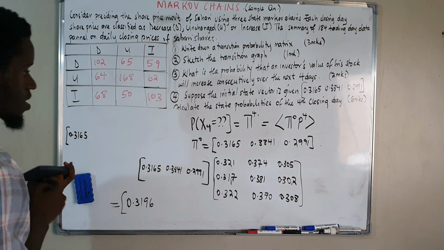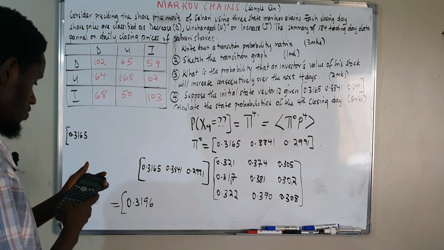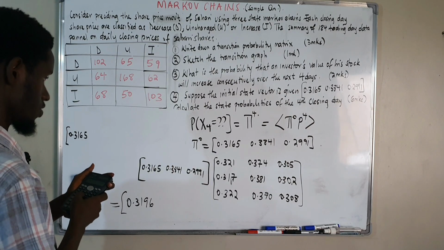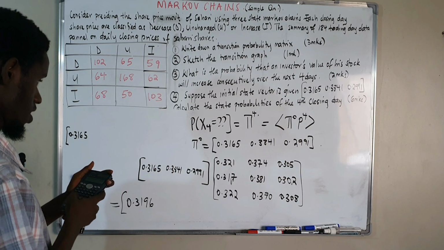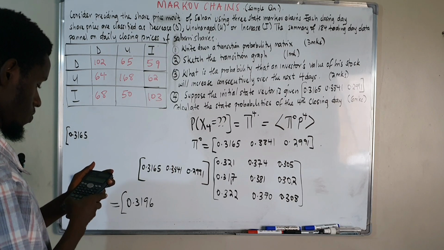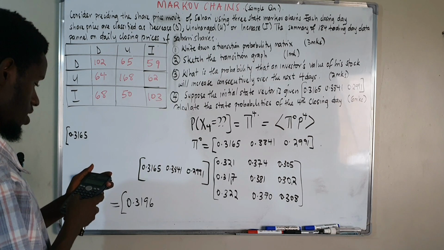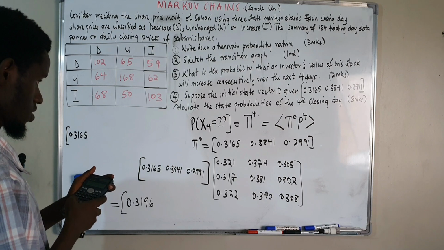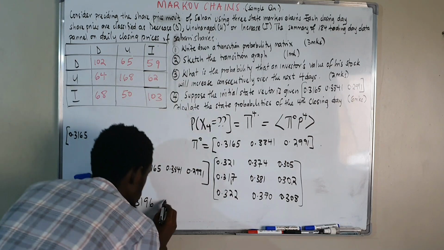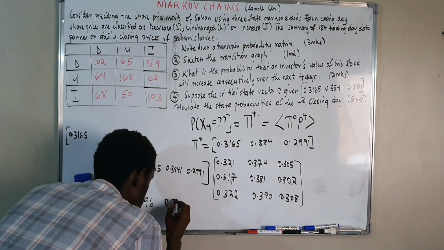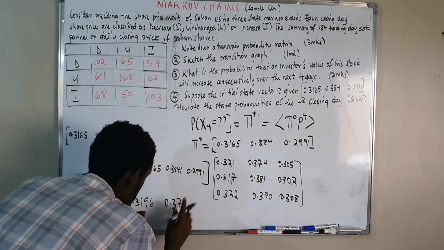Our second value is going to be this times this column: 0.3165 into 0.374 plus 0.3841 into 0.381 plus 0.2991 into 0.370, and our answer is going to be 0.3753, taking 4 decimal places.